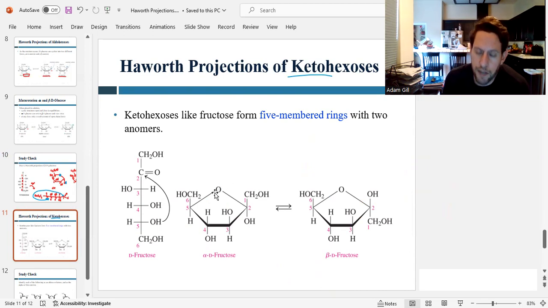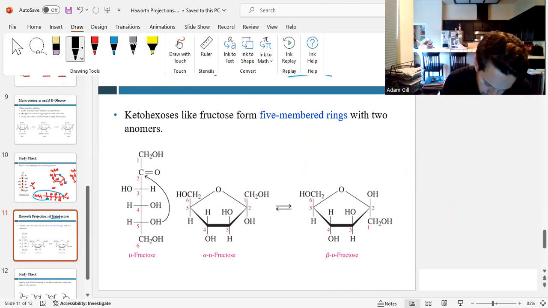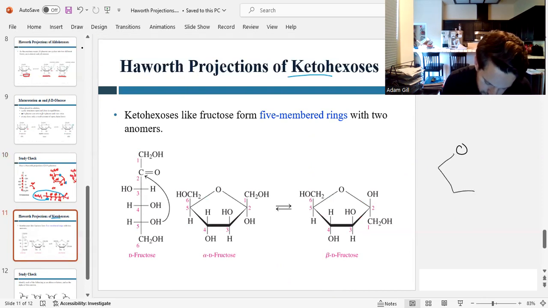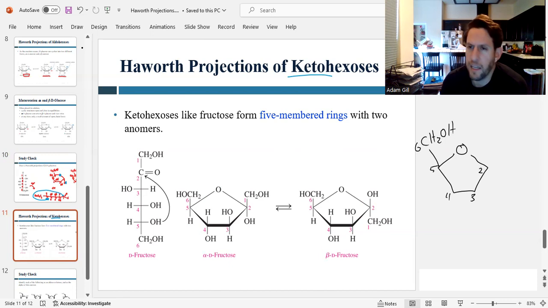And so a 5-membered ring, you're always going to have your oxygen at the top of the ring. You're still going to have your CH2OH sticking up. So that's carbon 6, which means that's 5. This is 4. This is 3. And that means that the anomeric position is carbon number 2.